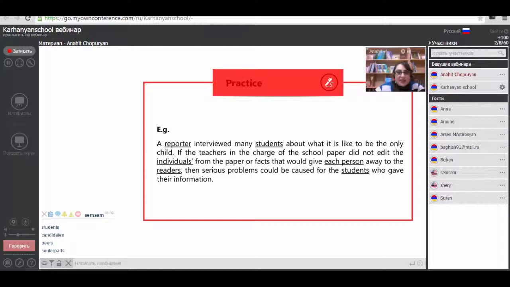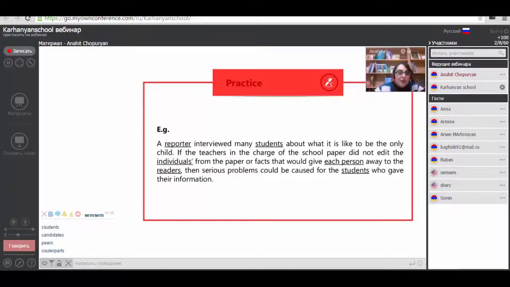If the teachers in charge of the school paper did not edit the individuals, yes, so you see different names from the paper, it is not necessary to be synonyms. You can paraphrase it, yes? Edit individuals from the paper or facts that would give each person away to the readers. Then serious problems could be caused for the students who gave their information, okay?